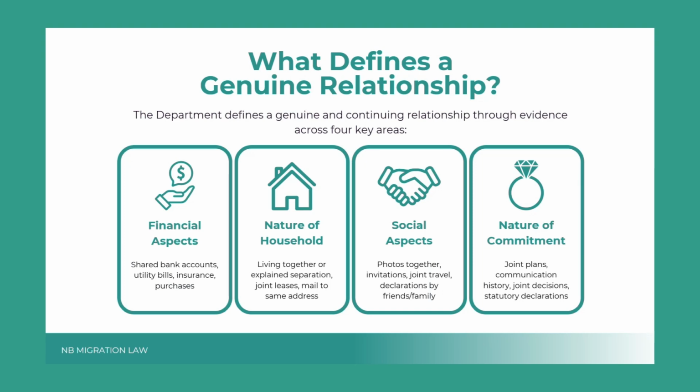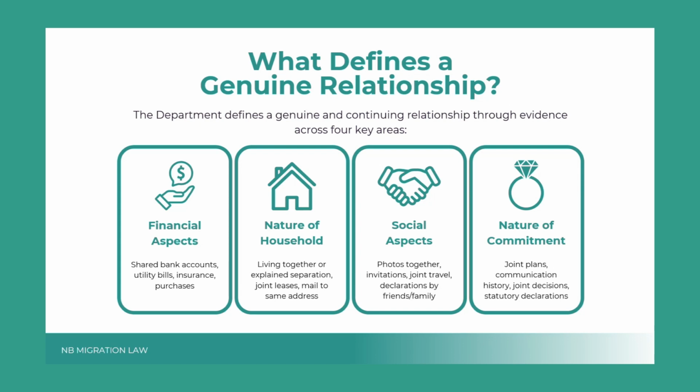Next one. The only thing that we need to prove to the department when we apply for a partner visa is the statement that the applicant and sponsor have a genuine and continuing relationship.